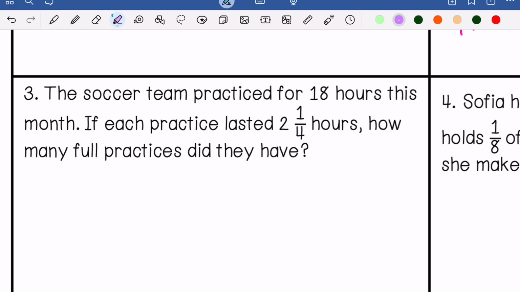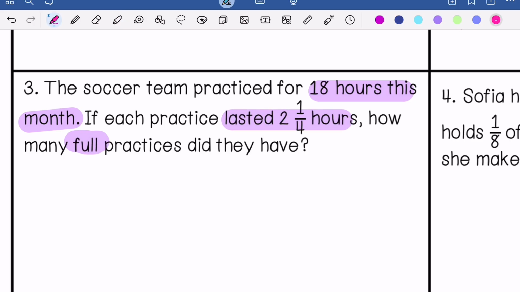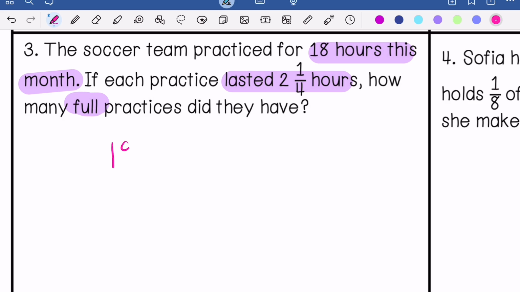The soccer team practiced 18 hours for this month. If the practice lasted 2 and 1/4 hours, how many full practices did they have? 18 divided by 2 and 1/4.